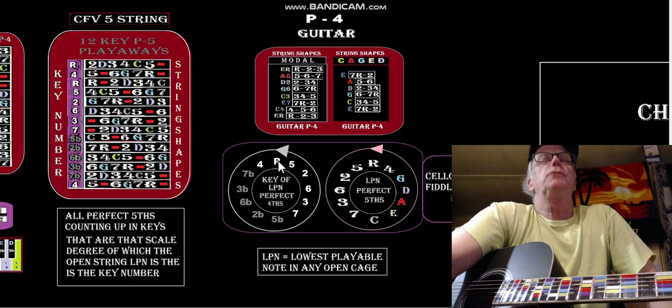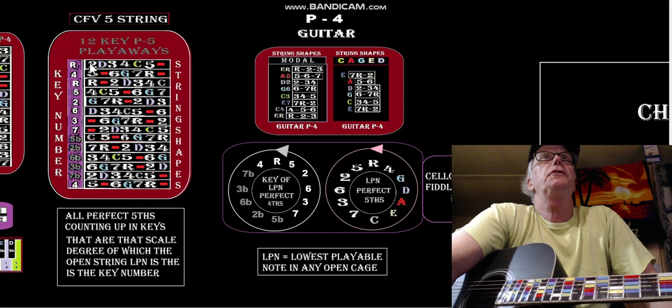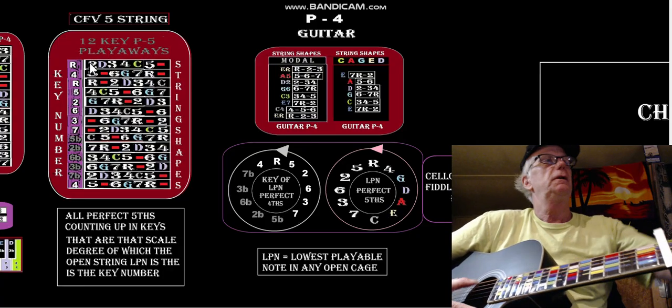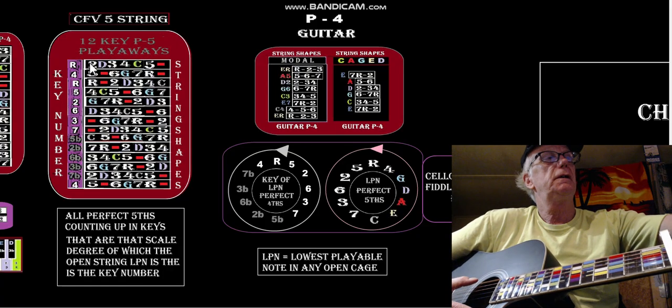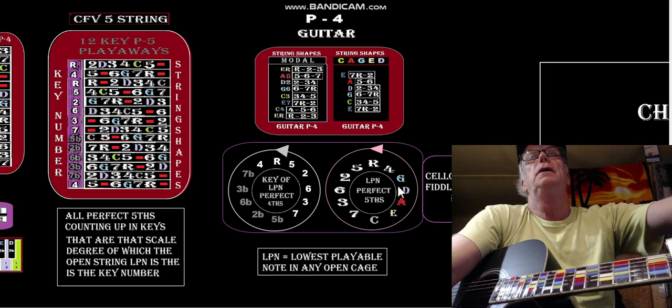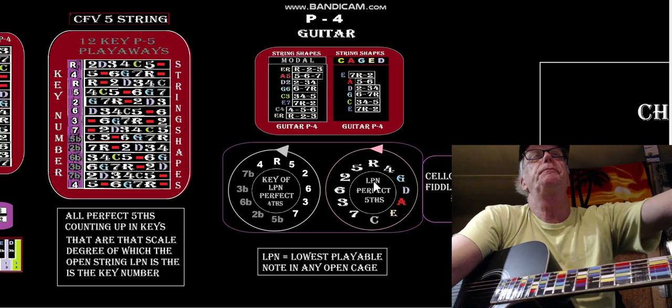So let's look at root. The key of root, the lowest playable note on this instrument right now is E. Right there. That's the lowest playable note. So lowest playable note is E.